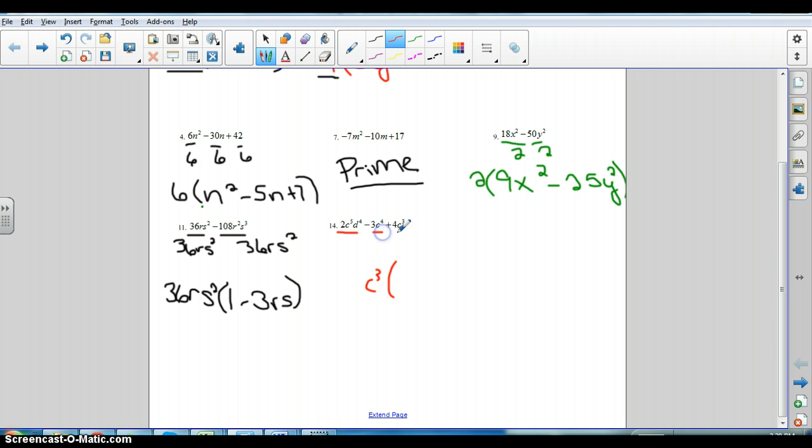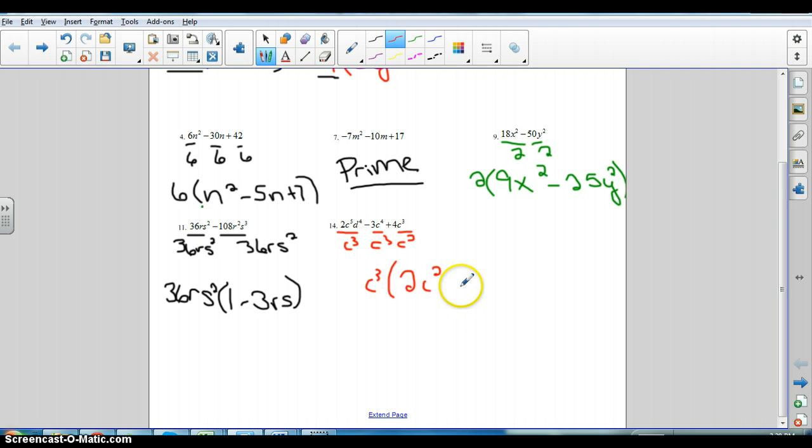So I'm going to divide each piece by C cubed. Remember why I say divide, you had done this in Plato. When we divide exponents, we subtract them. So 2 divided by 1, we'll just have 2. We had 5 C's, we took away 3, so we have 2 left.